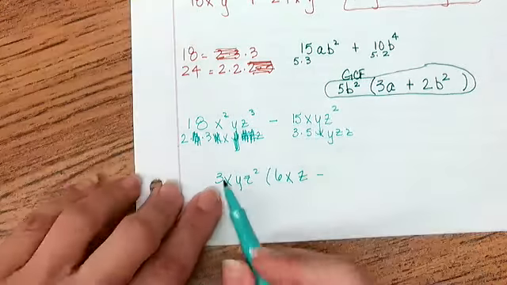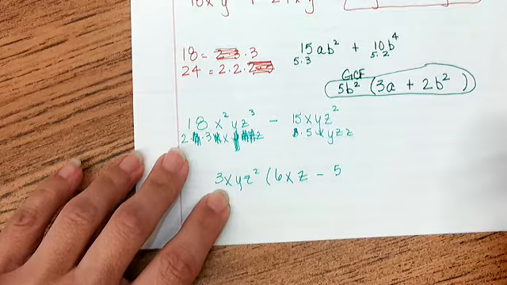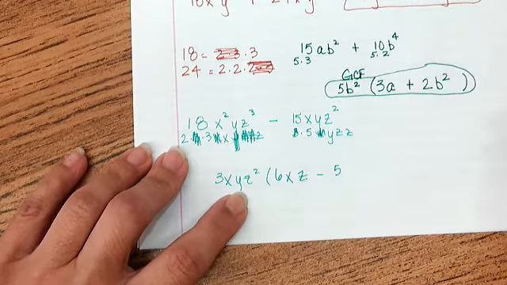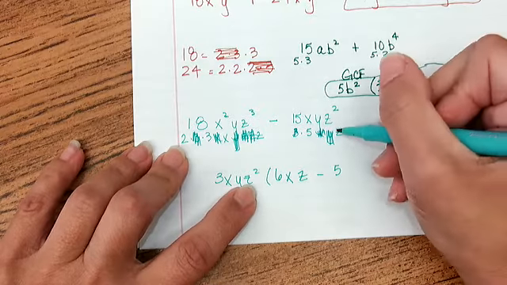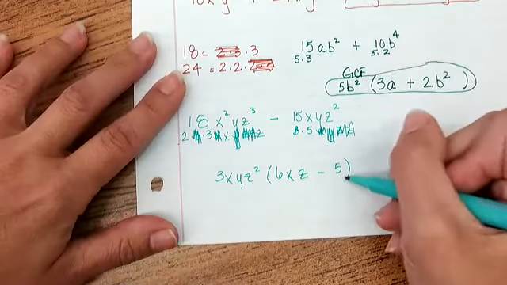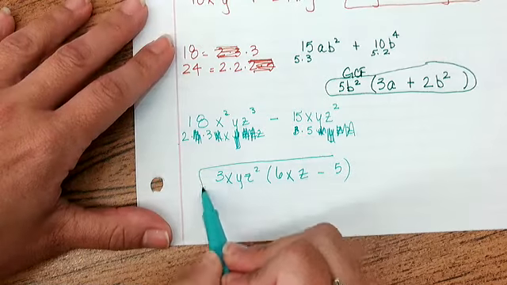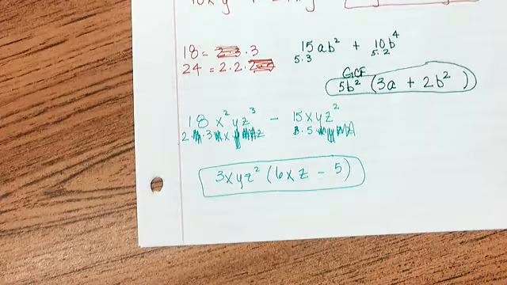For 15, if I take 3 out, I'm left with 5. If I take x out, no more x's. If I take y out, no more y's. If I take out z squared, no more z's. That's it. That's the basic of finding a GCF.